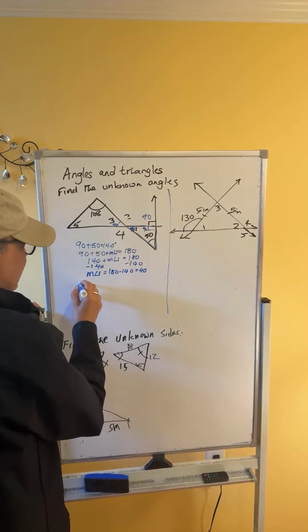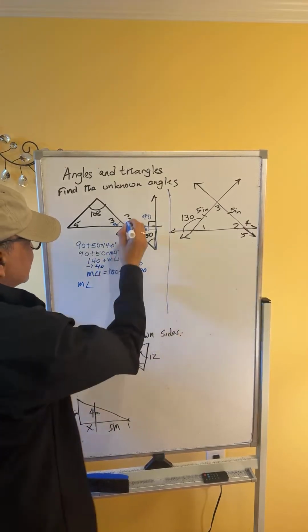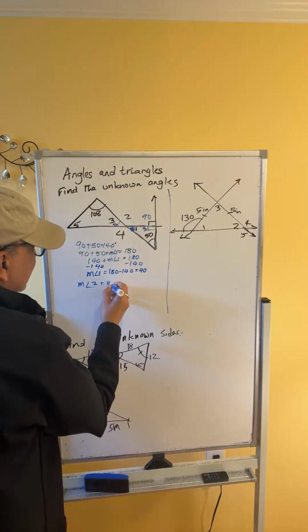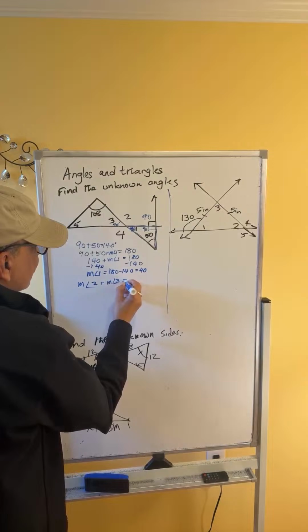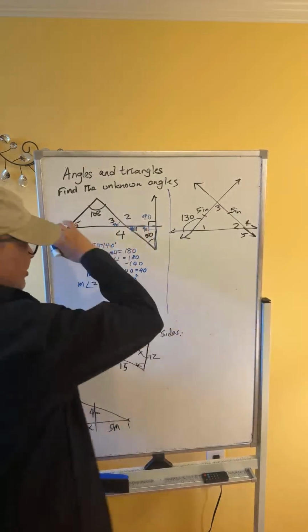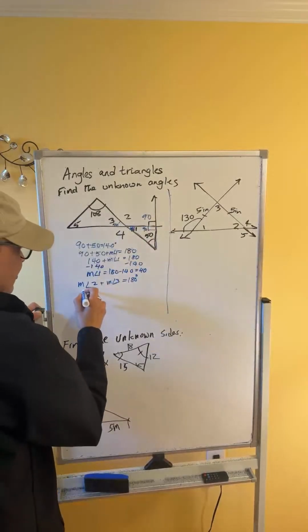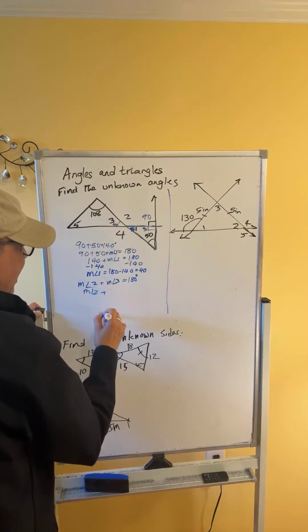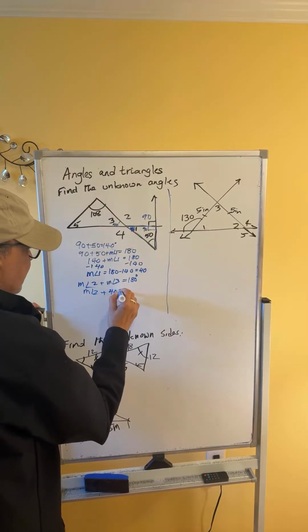Now again, measure of angle 2, which is this one. Measure of angle 2 plus measure of angle 3 is 180 degree. 2 and 3 are supplementary angles because it's a straight line. So measure of angle 2 plus we already established measure of angle 3 as 40 degree.